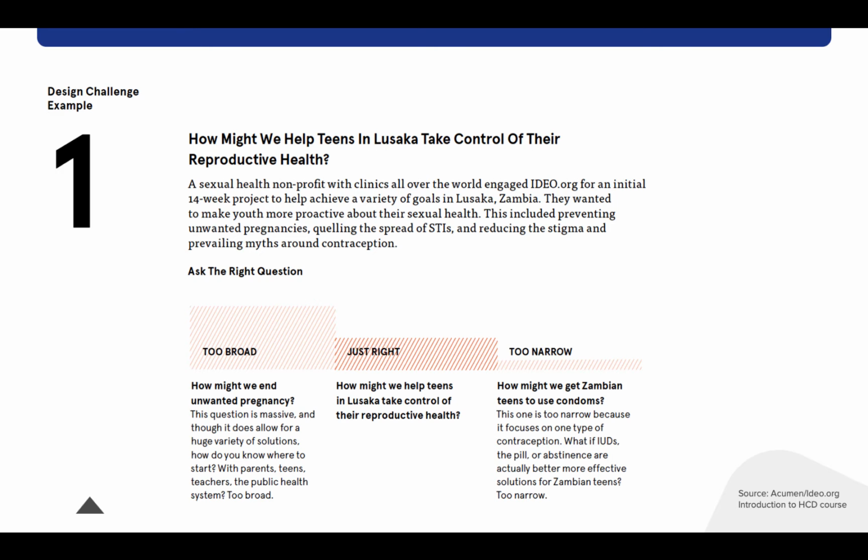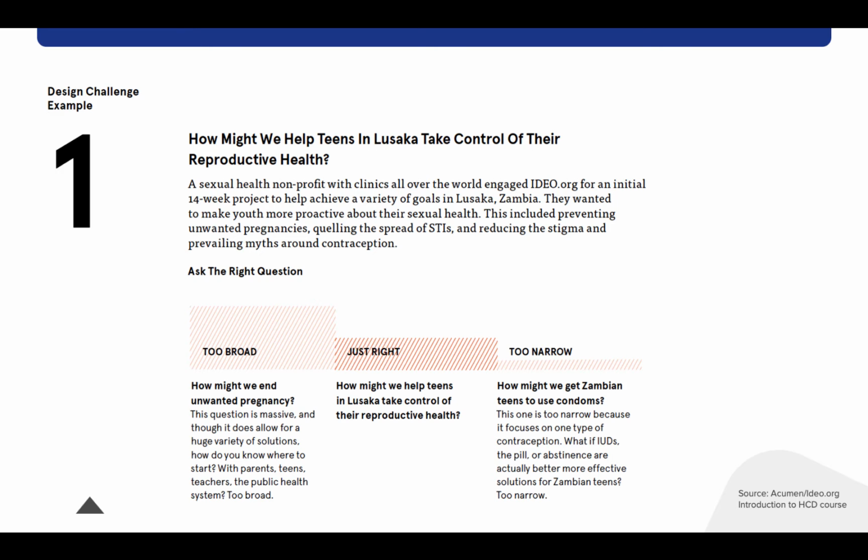So the first one, how might we help teens in Lusaka take control of their reproductive health? So this was about a sexual health nonprofit which had clinics all over the world, and they engaged with IDEO to run an initial 14-week project.